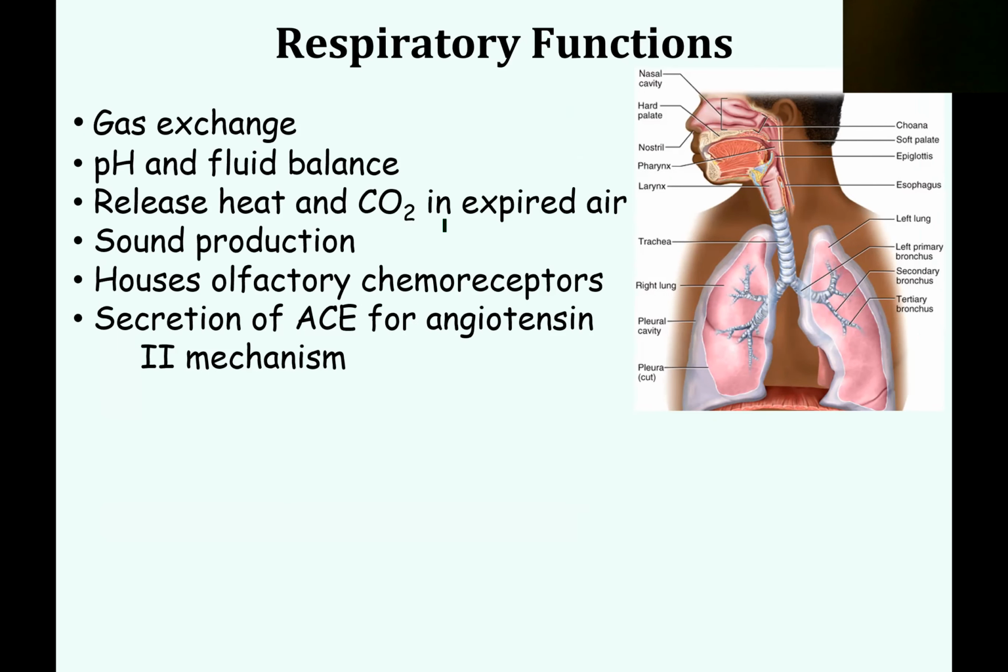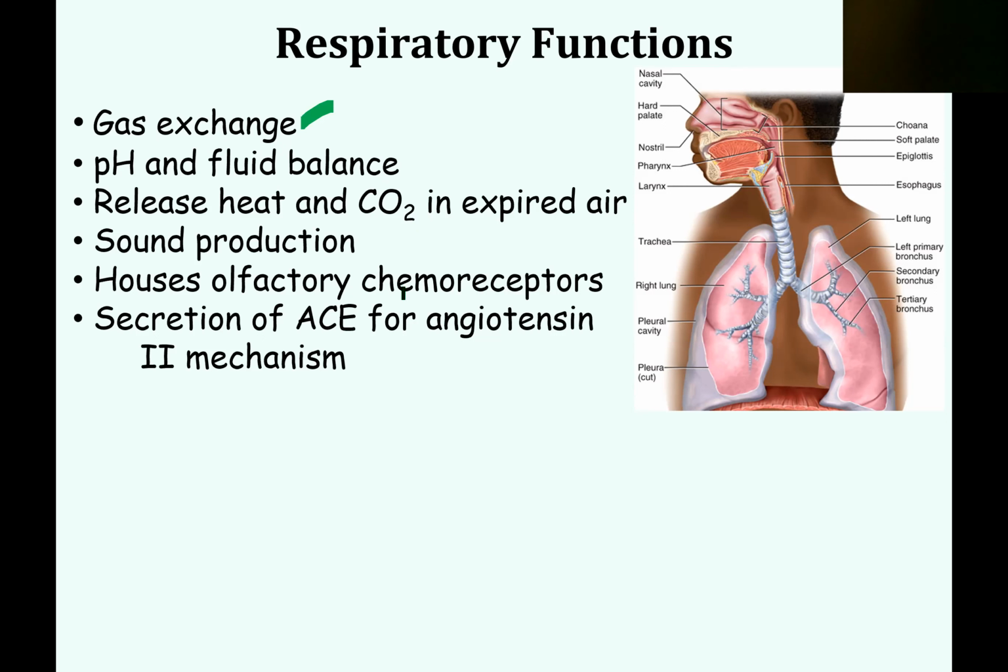So functions, gas exchange. Gas exchange happens in 3 arenas. So unlike with the cardiovascular system where you had a cycle that had to proceed in a certain fashion, in the respiratory system, it's like a 3-ring circus.